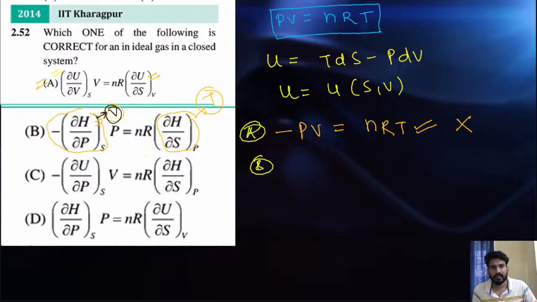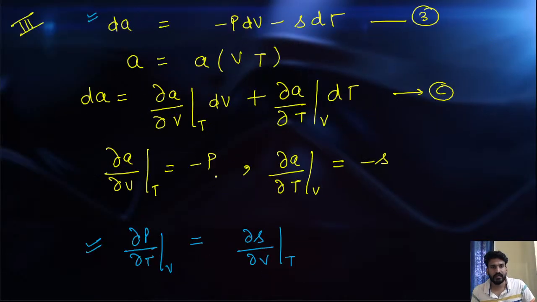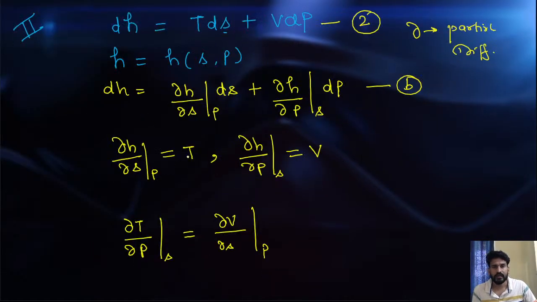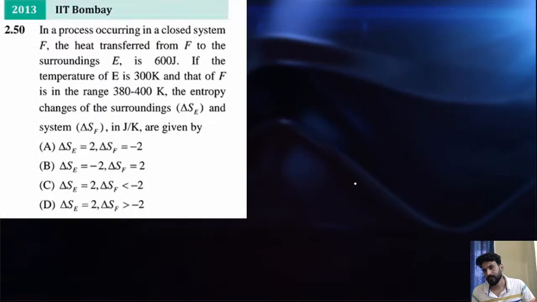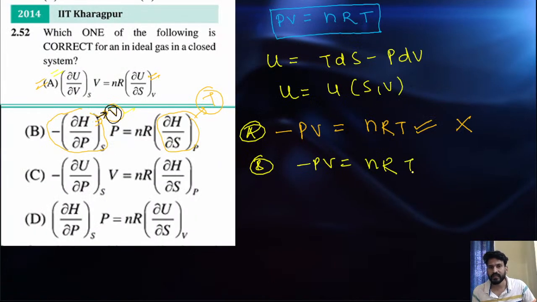Option B: this stands for V, but it is my −PV = nR, and ∂H/∂S keeping pressure constant is my T. It is again my −PV = nRT. This is also wrong.